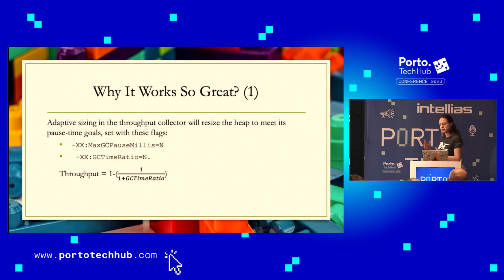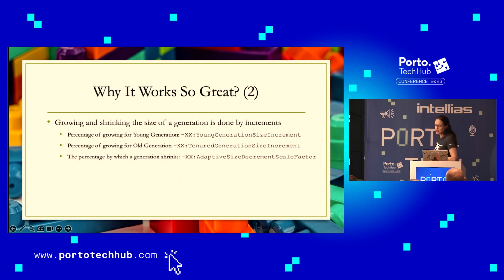So the throughput in this case has a very nice calculation based on the GC time ratio flag, so you can have better control over that. Moreover, with adaptive sizing, the growing and shrinking of the size of the generations is done incrementally. So you can also play with these flags if you really want to go into more detail of fine-tuning it. However, I didn't want to touch them to observe some results.